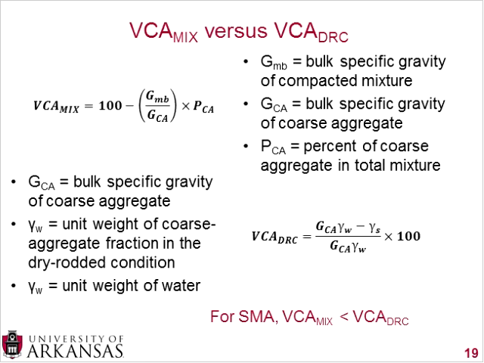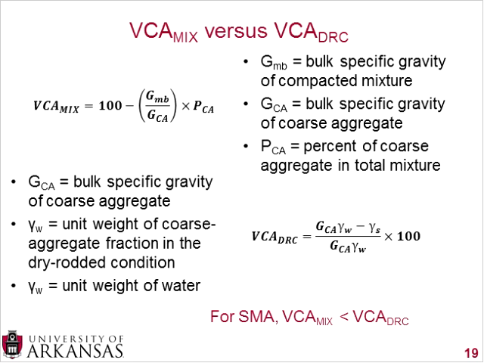And this is how you calculate the VCA of the mix and the VCA of the dry rodded test. The VCA of the mix is simply 100 minus the ratio of the bulk specific gravity of the compacted mixture, or the GMB, divided by the bulk specific gravity of the coarse aggregate, and you need to multiply that by the percent of coarse aggregate in the total mixture.